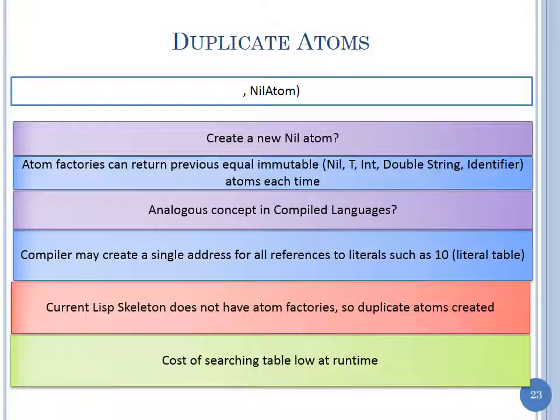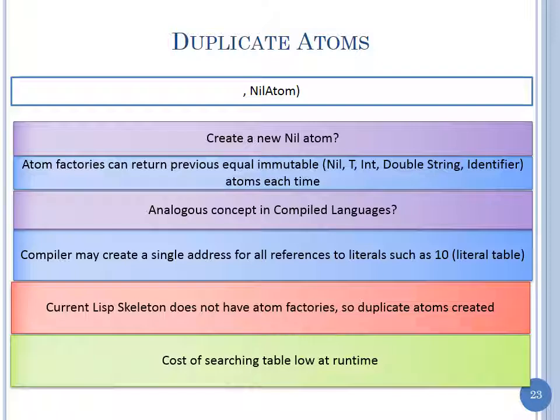So just to quickly review some of the more subtle things we talked about last time. One issue was we were looking at the list function, and the list function had to create a nil atom at the end. And the issue was, do we create a new nil atom? Do we create a new atom whenever we need it, or should we reuse atoms?